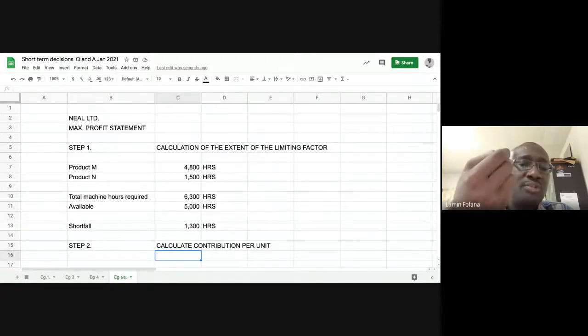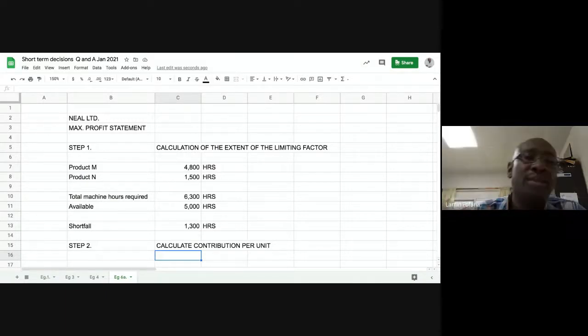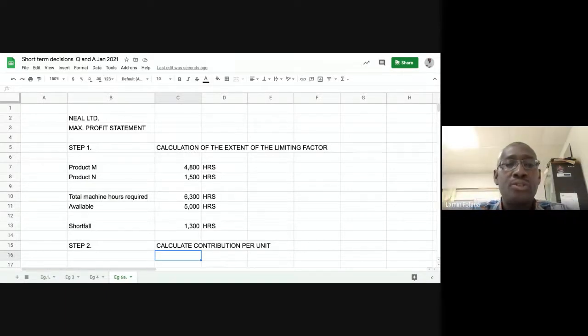So the next contribution we're going to calculate will be the contribution per limiting factor, contribution per machine hour, that will be used to rank our products so that we know which one we can produce first, so we can have the highest possible profit with the limiting factor. Is that clear?